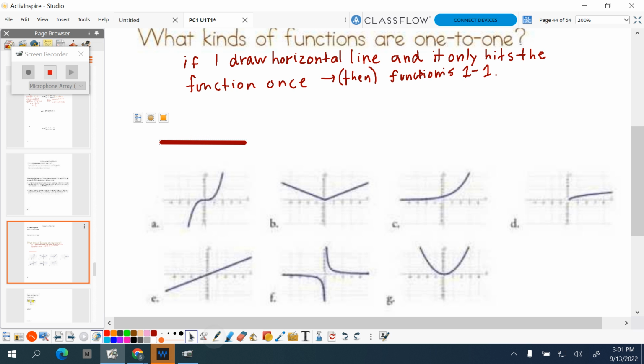But my goal here was to create a horizontal line through the function. If you look, it's not going to hit this function if I take it up and down. It's not going to hit it in more than one place at a time. So this is one-to-one. And this will become more clear when we do B.